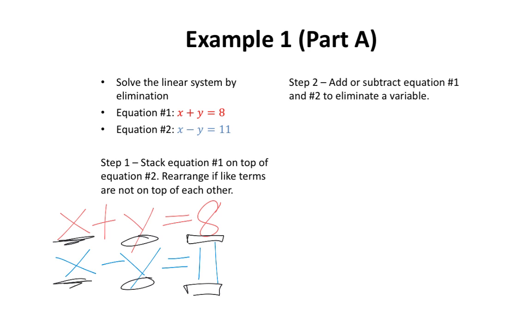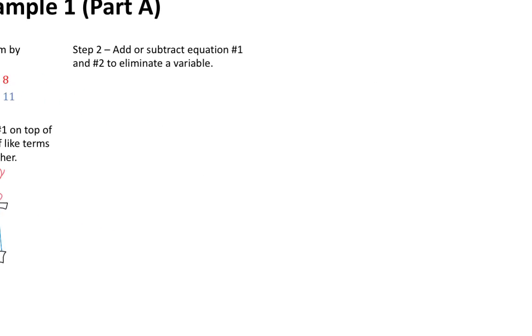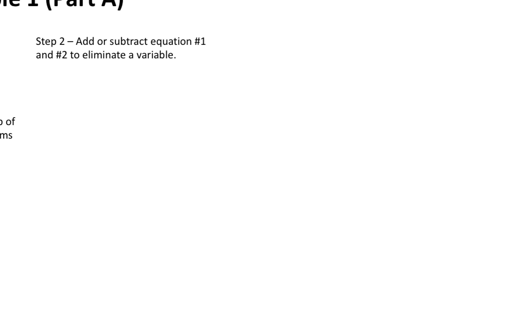In step 2, we want to add or subtract equation 1 and equation 2 to eliminate a variable. We're going to need a little bit more space to do this. But let's rewrite what we had in step 1 first. x plus y equals 8 and x minus y equals 11.